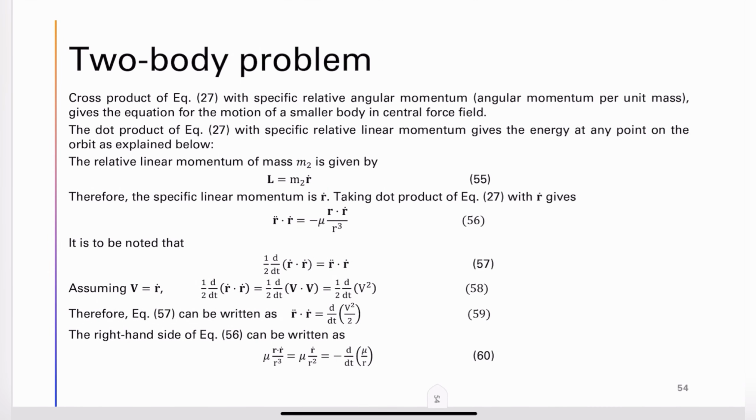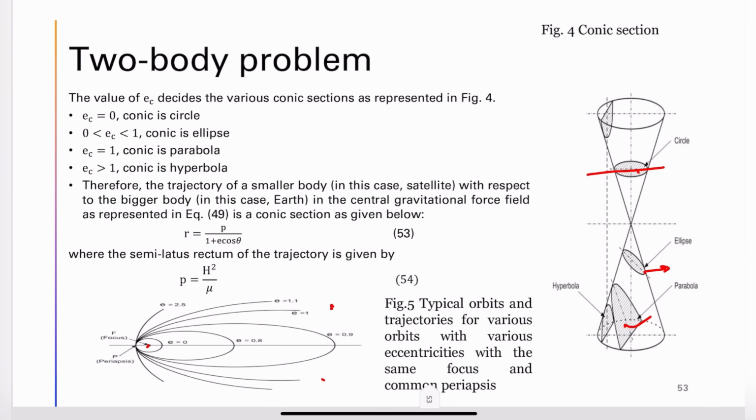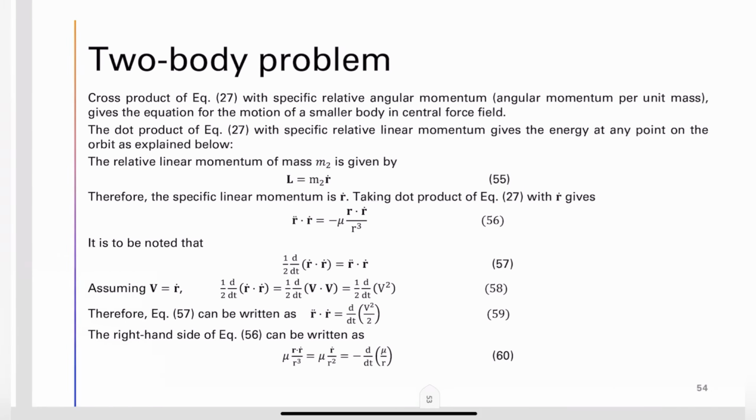Now, we have taken the dot product of equation 22. Now we are making a cross product for equation 22 with respect to r in order to find the energy. We have found how the motion of the second object goes with respect to the barycenter.